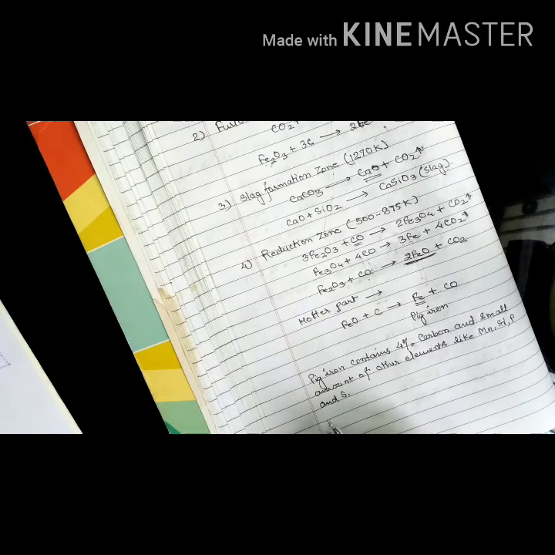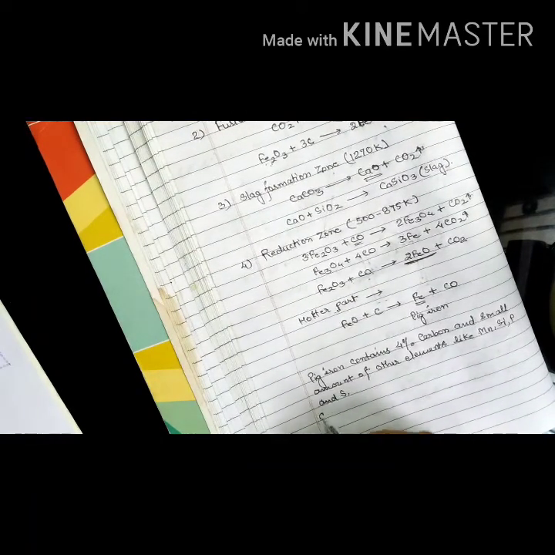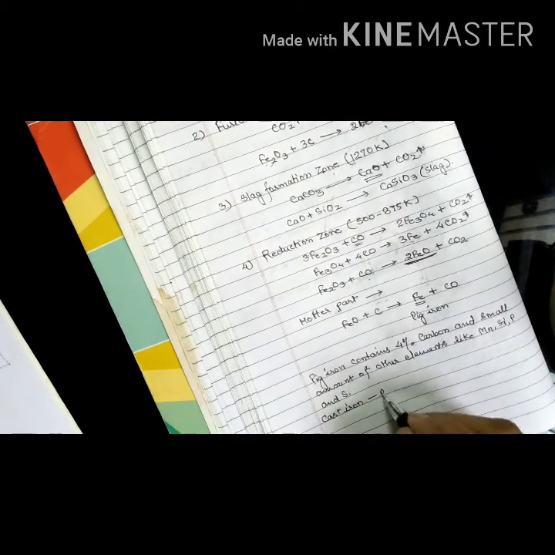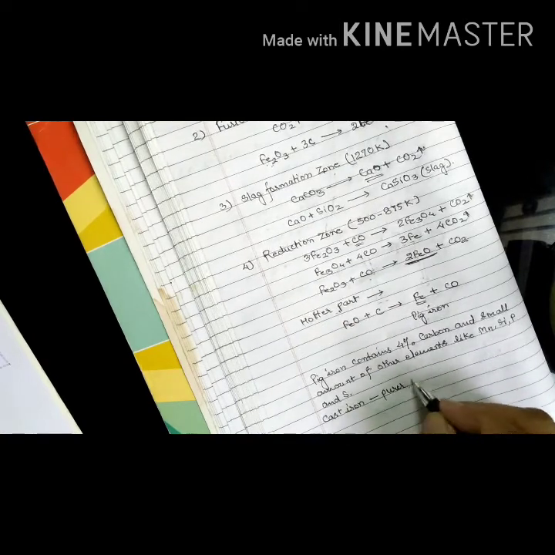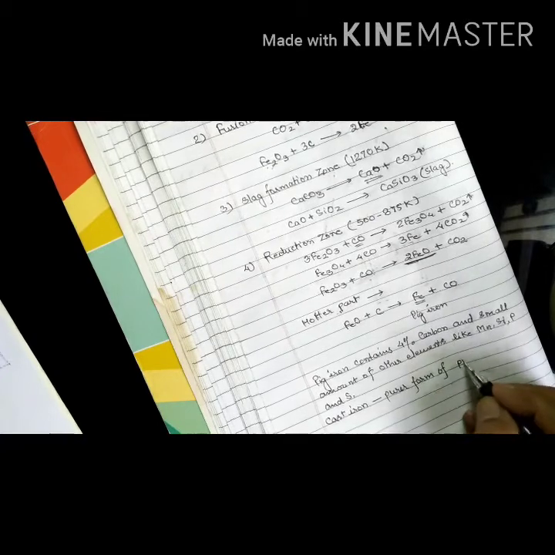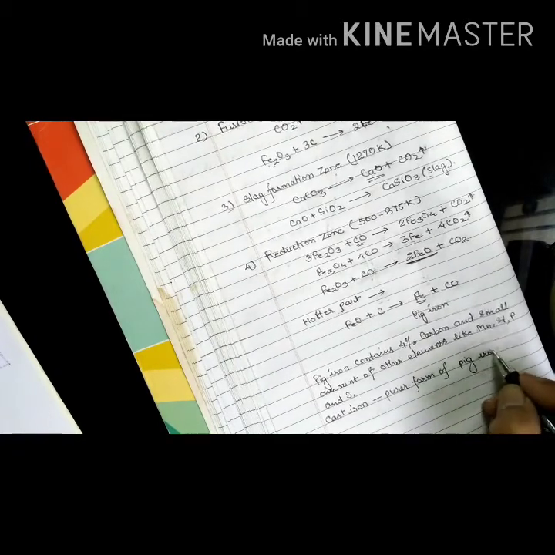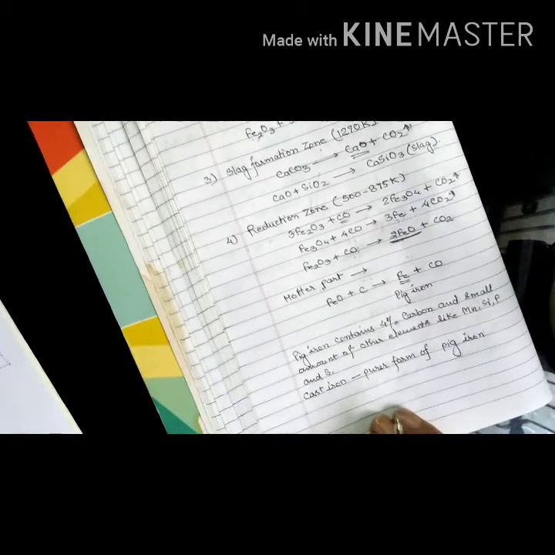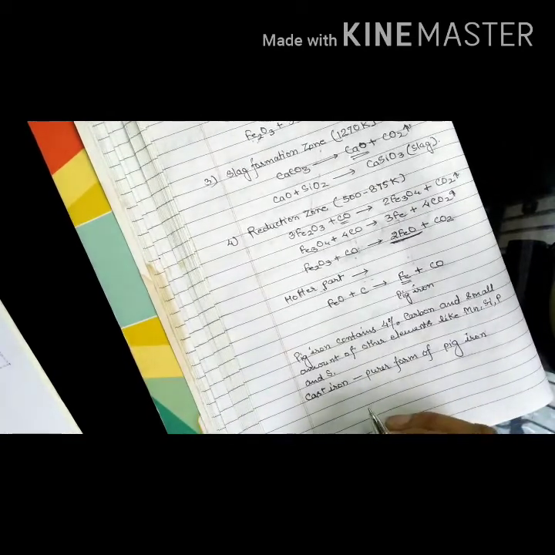Now pig iron can be converted into a purer form, and then it is known as cast iron. It is obtained by melting pig iron with scrap iron and coke using a hot air blast.